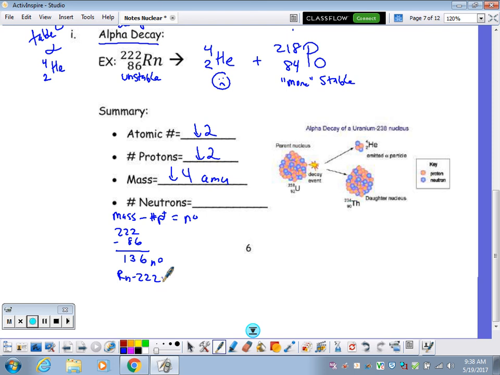Then in our polonium, we have a mass of 218 minus 84: 8 minus 4 is 4, 11 minus 8 is 3, so we have 134 neutrons in our polonium-218. The difference between 136 neutrons and 134 neutrons is that the number of neutrons decreases by 2.